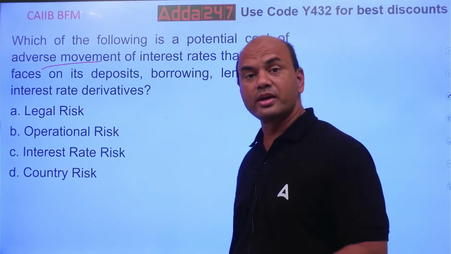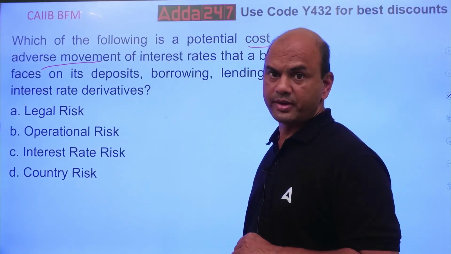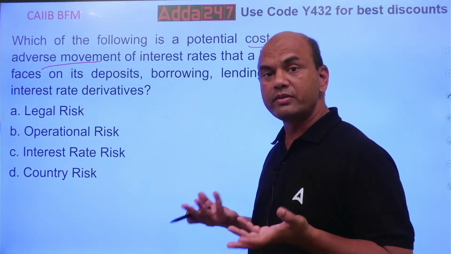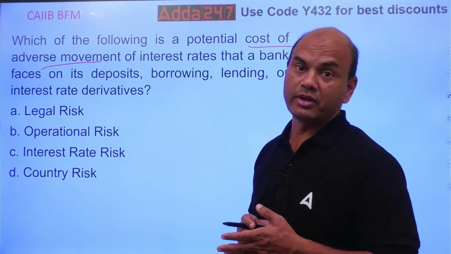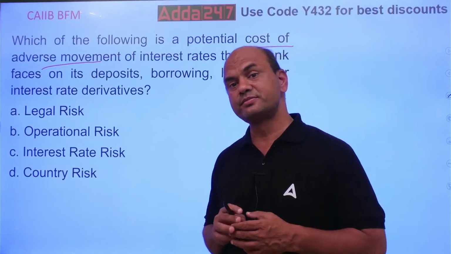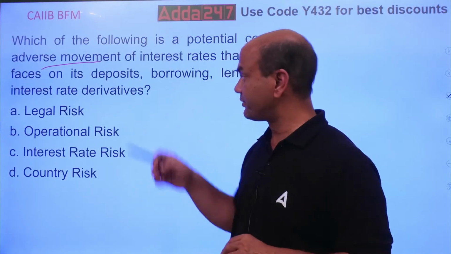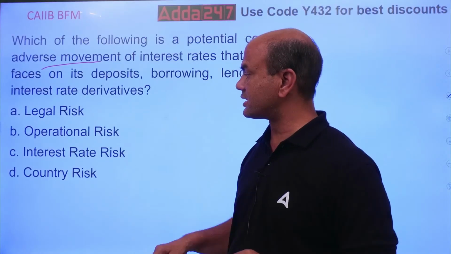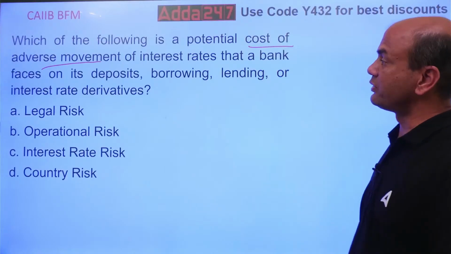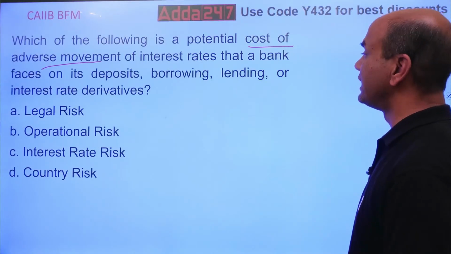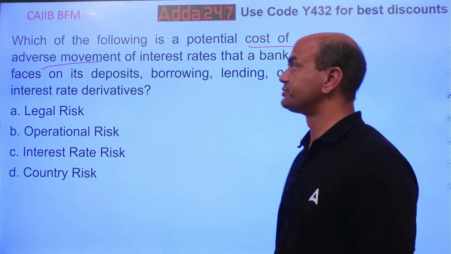Interest rate is going up or down. So where will I face the major NII difference or spread difference? Where will I face the income difference? Think: legal risk, operational risk, interest rate risk, country risk that a bank faces on its deposits, borrowings, lendings, or interest rate derivatives.